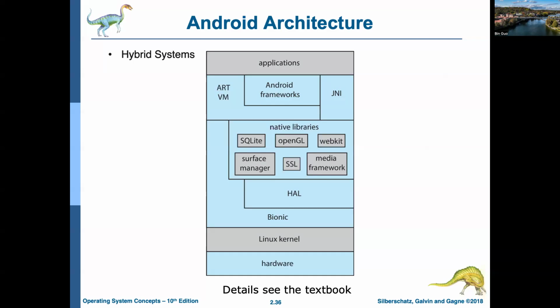This is for Android. This is not a part of the kernel, but it's still not an application. It's a system application. All of the other applications use this, like the SQL database, GUI, and OpenGL.